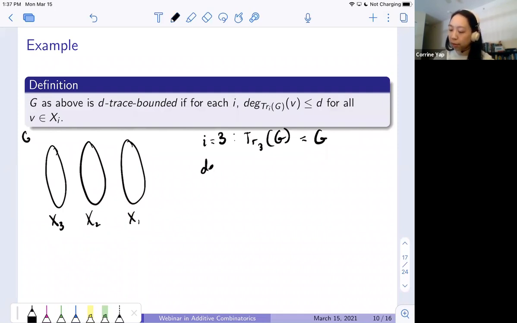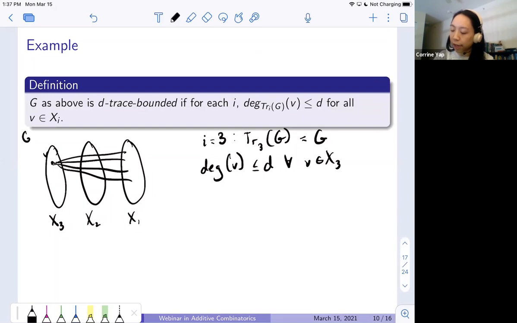So the degrees in X3 are bounded for all v in X3. What that tells me is that if I have v here, then I have at most D edges coming out from any vertex in X3. So in the general graph, all of my degrees in X3 are bounded.